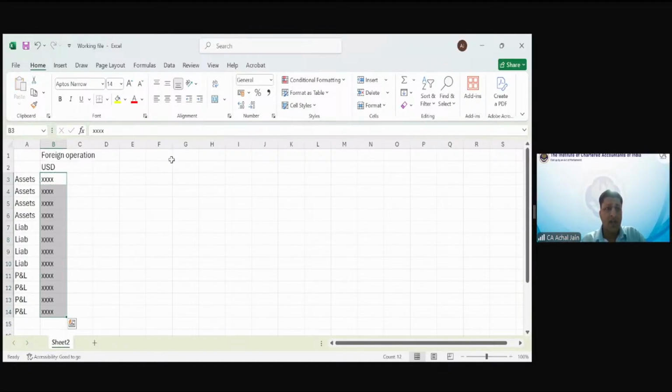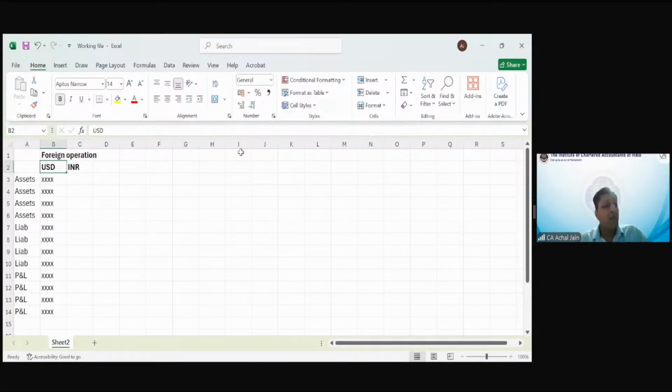Let's suppose this is the trial balance of this foreign operation in USD. Our objective is to convert this from USD to INR.